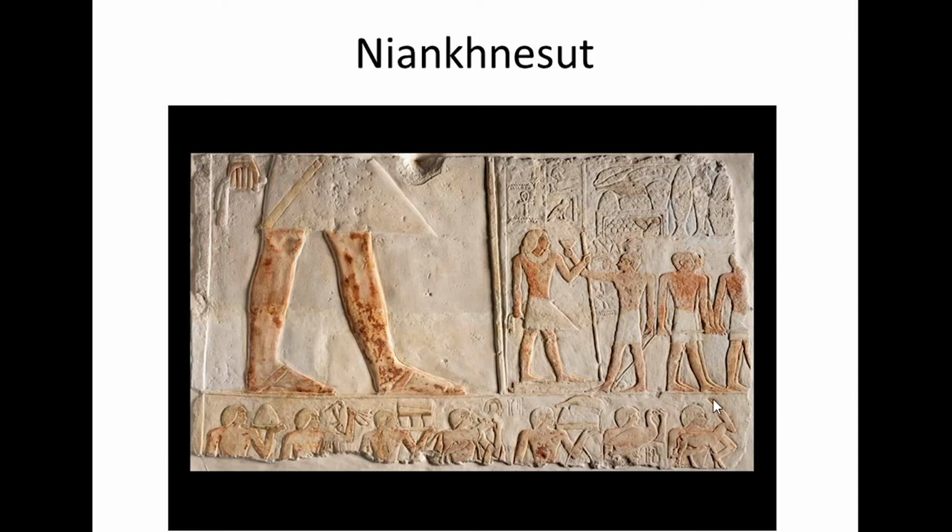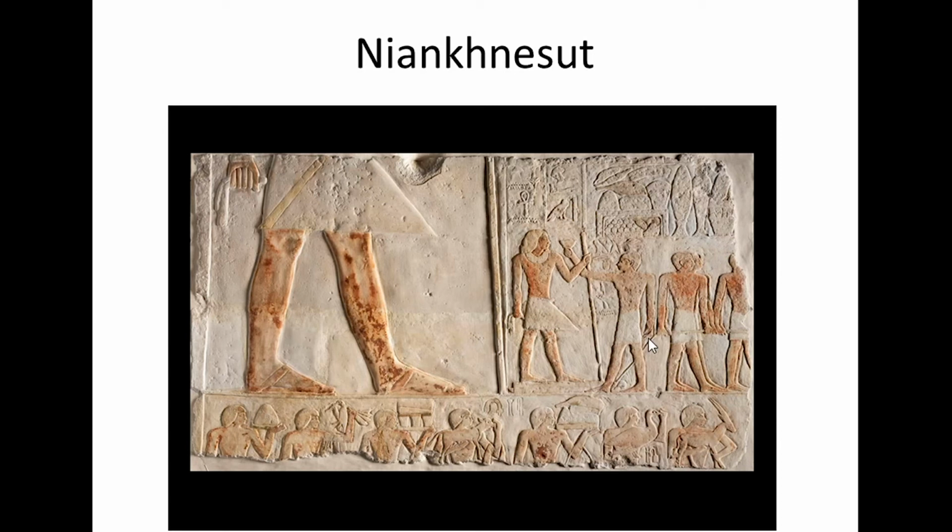And at the bottom of the picture, if you can see my cursor moving, there are different workers preparing different things to be placed in the tomb, mostly foodstuffs, bread, birds. These look like pots, probably containing things like cheese, and animals.